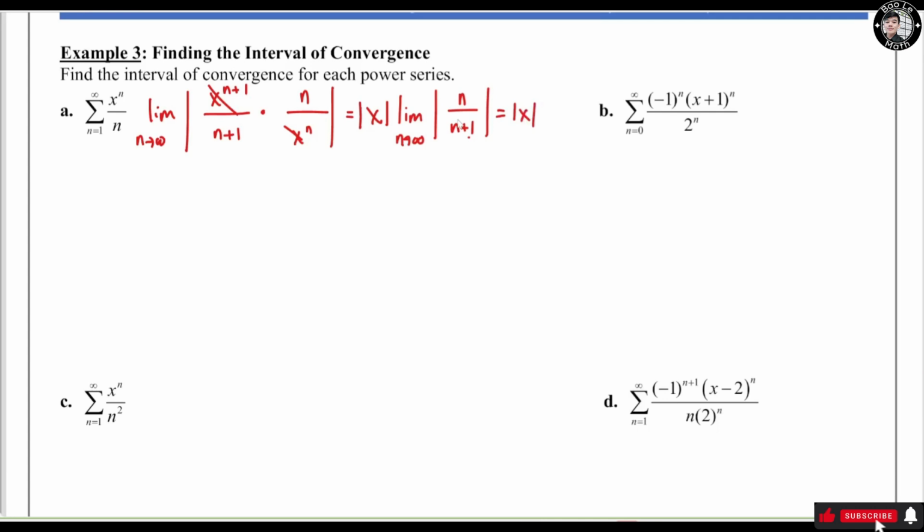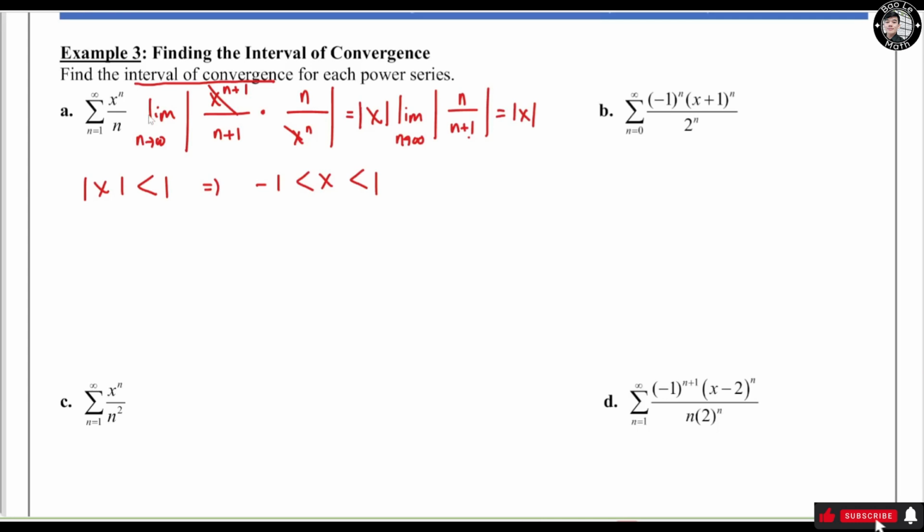Now, in order for this to be convergent, you need absolute value of s less than 1 by the ratio test. So then it's going to be negative 1 less than s less than 1. So this is the interval of convergence for this power series.